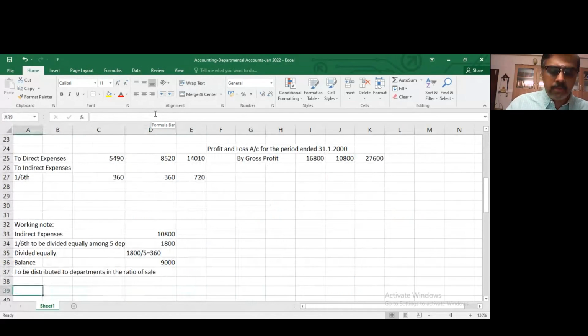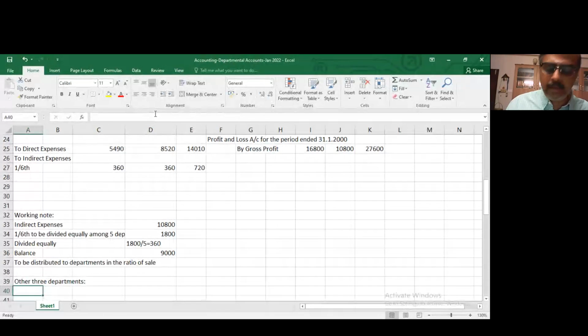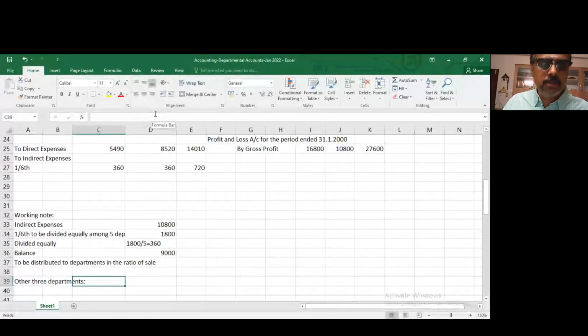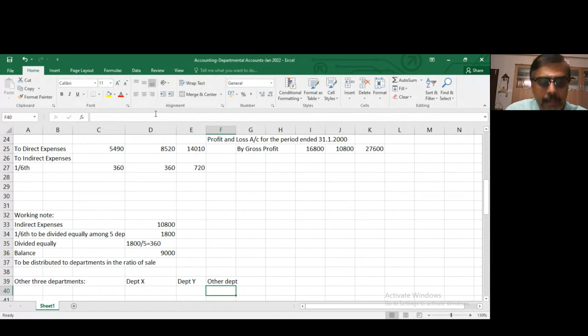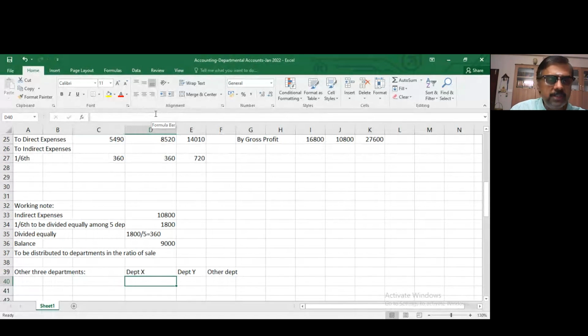So let us now see, out of 9,000, how much will the other 3 departments get? We can split it up: department X, department Y, and other departments. Total sales are 1,80,000.